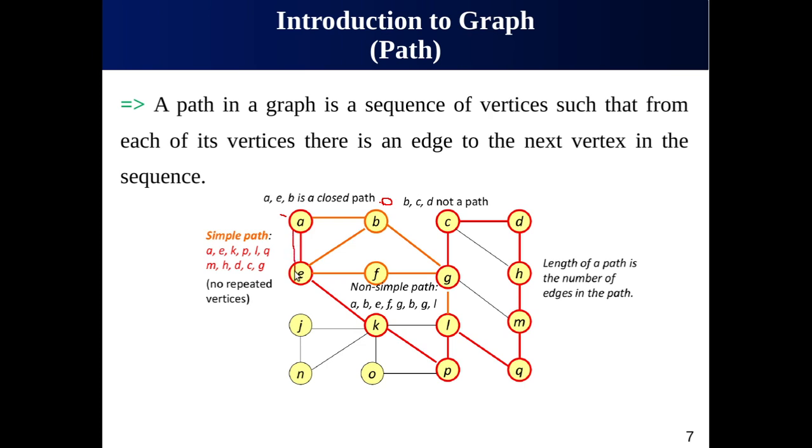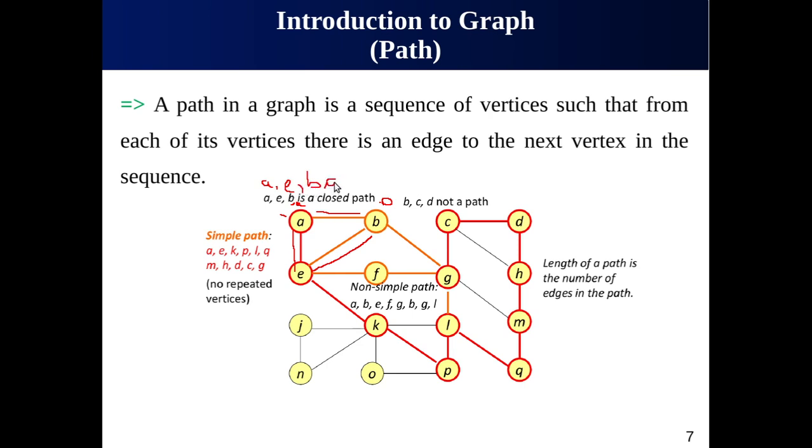Go to E, which is the adjacent vertex in this graph, and then from there move to B. When you move back from B to A, then it is a closed path. Here one node is missing, and that is A in this example. The correct sequence is like this: A, E, B, and then A.